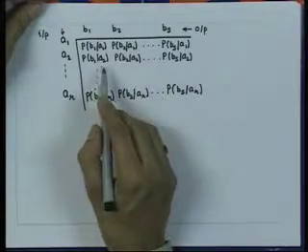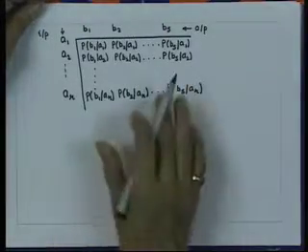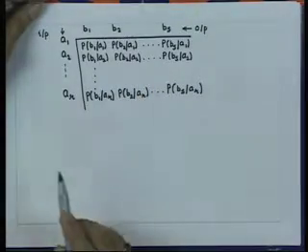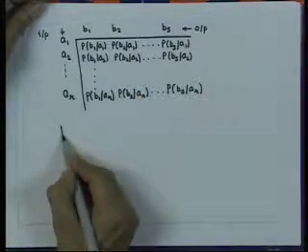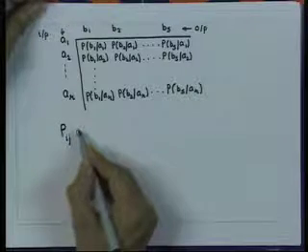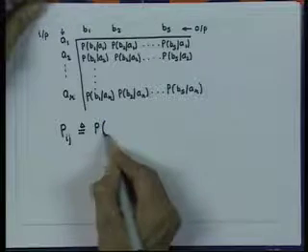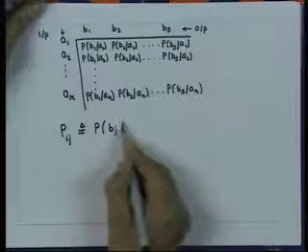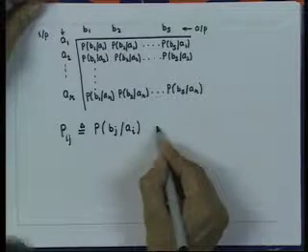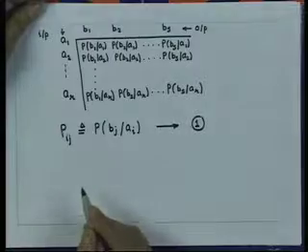In order to simplify the description of an information channel, it will be useful to have an abbreviated notation for it. So, accordingly we will define P_ij by definition as probability of B_j given A_i. So, this is equation number 1.